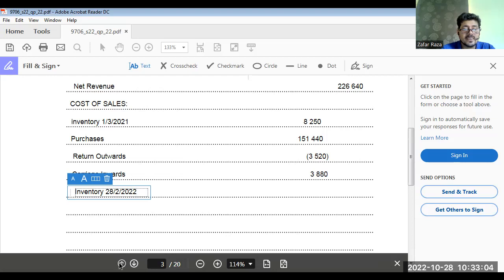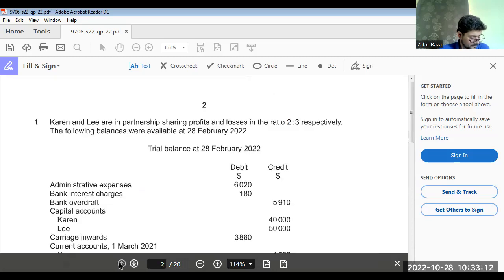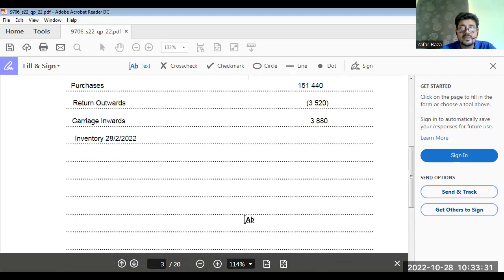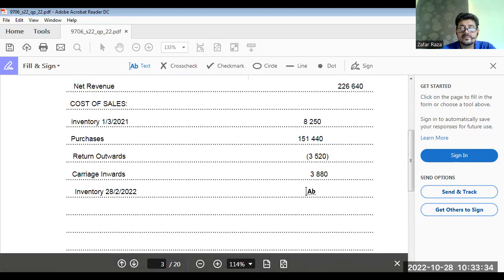Do you remember that? Because of NRV it is 21,080. So we can write here 21,080, and we will get cost of sales in the second column.